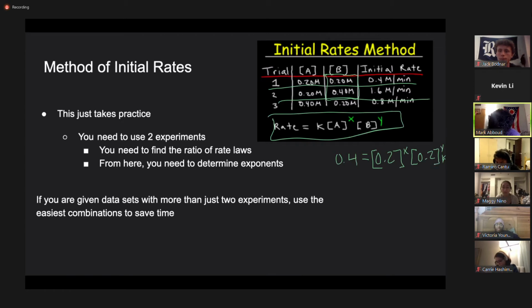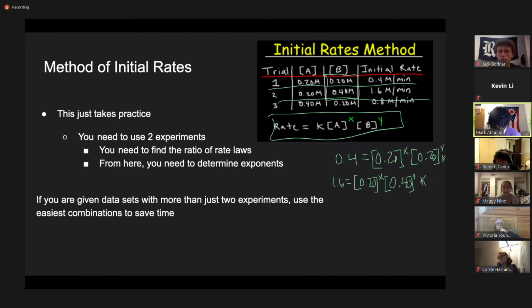Trial 2 is 1.6, which equals k times a concentration of 0.2 for A to the x, and a concentration of 0.4 for B to the y. Don't forget to add your zeros here, it makes sig figs easier.